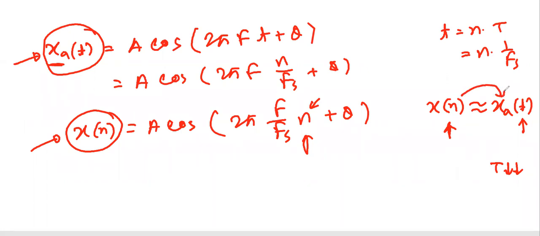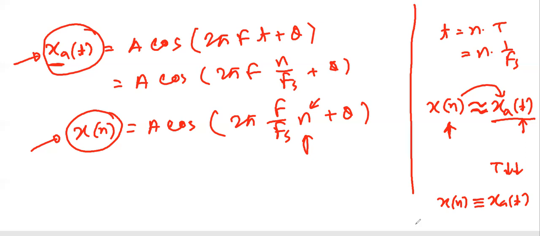That means you may have almost all the data from x_a(t) if you have a very high sampling frequency. But with a general average sampling frequency, definitely you are missing some data. That's why I'm writing equivalent, or sometimes it can be written with three lines. Okay, so these are the notations.